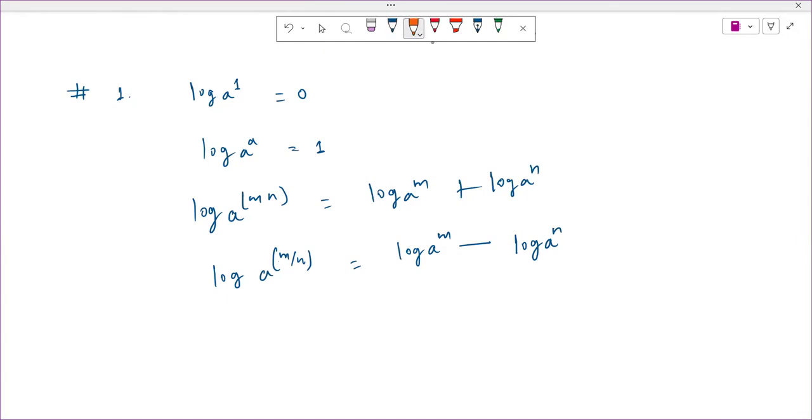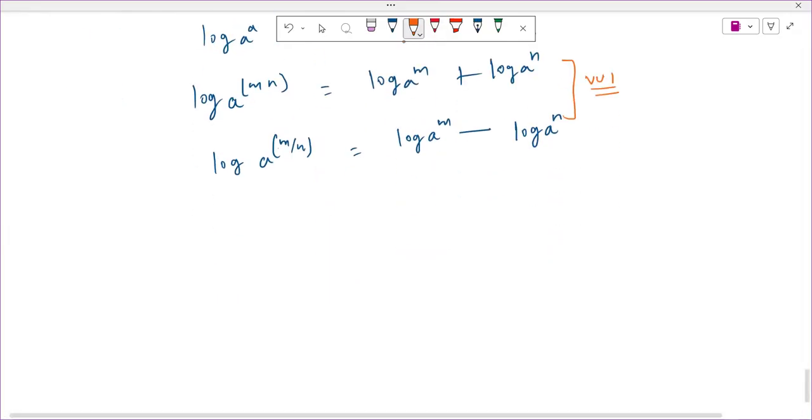I think these two rules are very important, VVI, very very important. Another thing is called the base change rule.